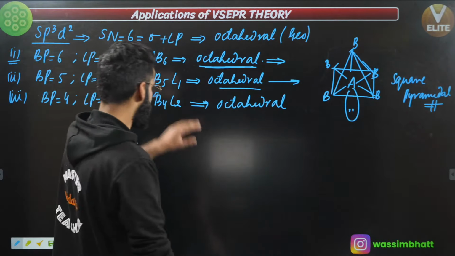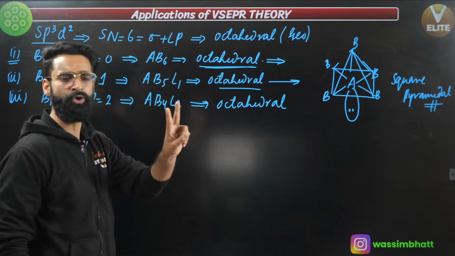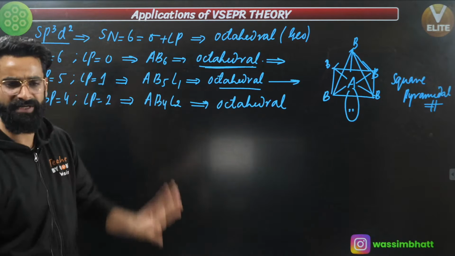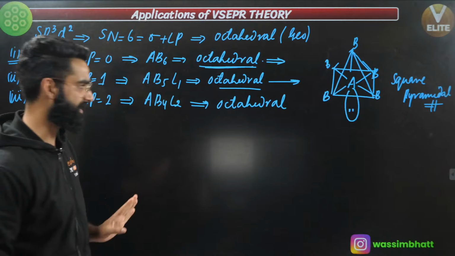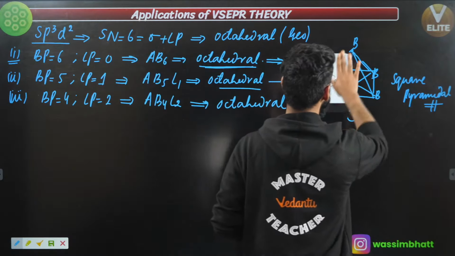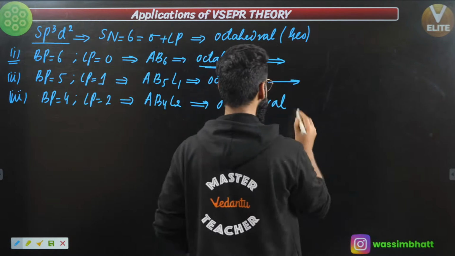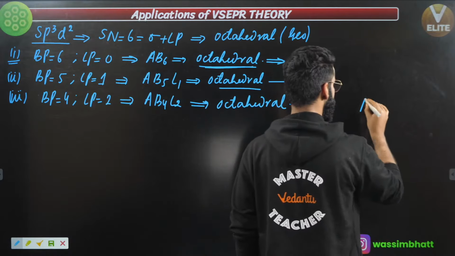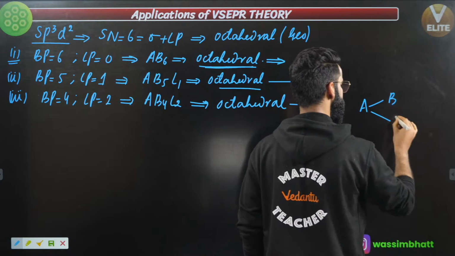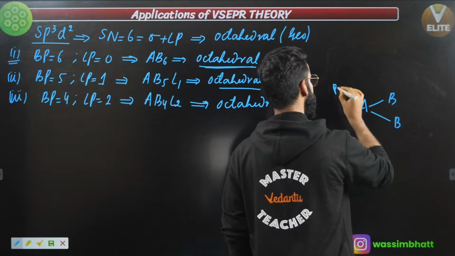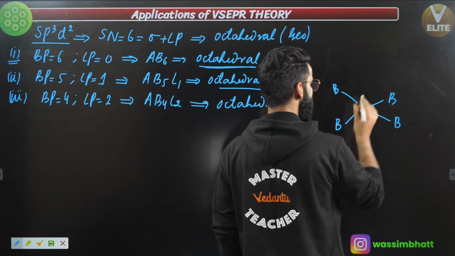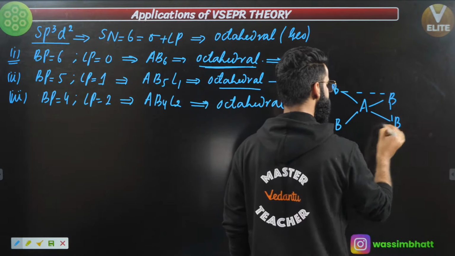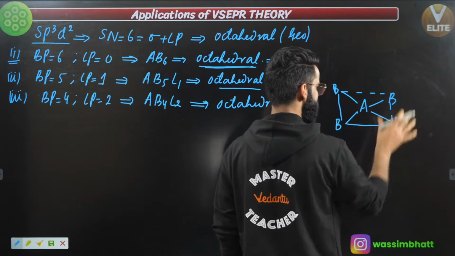From the octahedral geometry, I need to remove 2 bond pairs and place two lone pairs instead, in such a way that there is minimum repulsion. So let me arrange it like this. This is, for example, A, this was your B, this was B, this was B, this was B over here, and these 5 atoms are present in one plane.